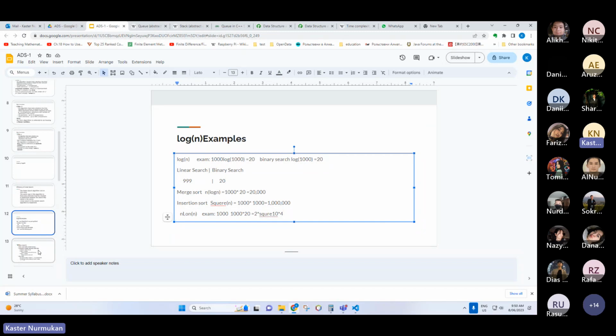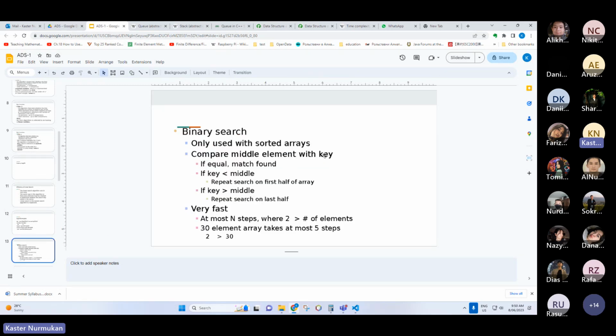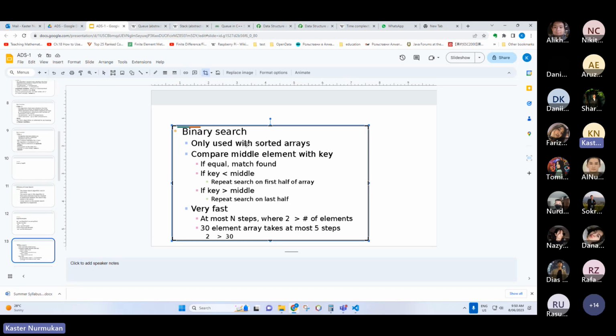But the precondition is that the array has to be already sorted. That's the reason we need to learn sort algorithms. It only works on a sorted array, so you have to sort first, then you can apply binary search.